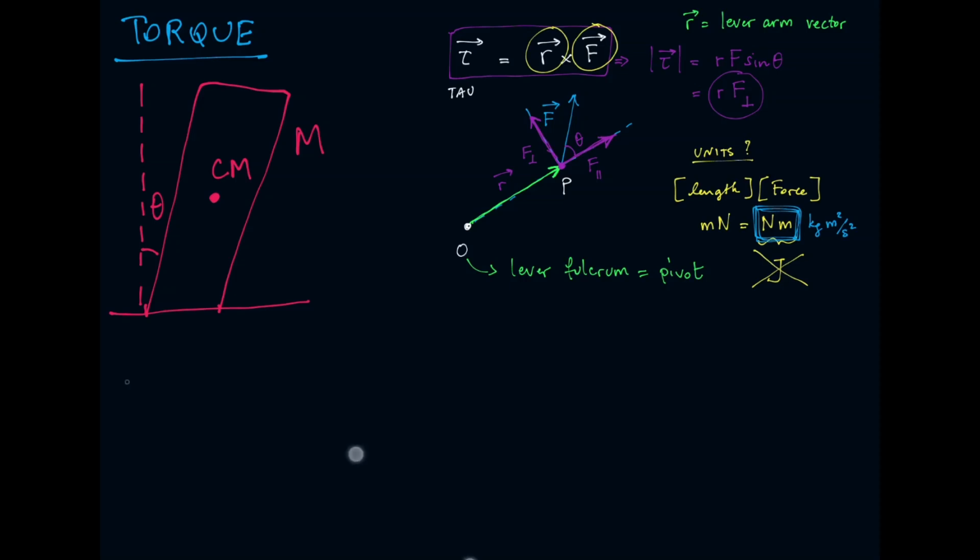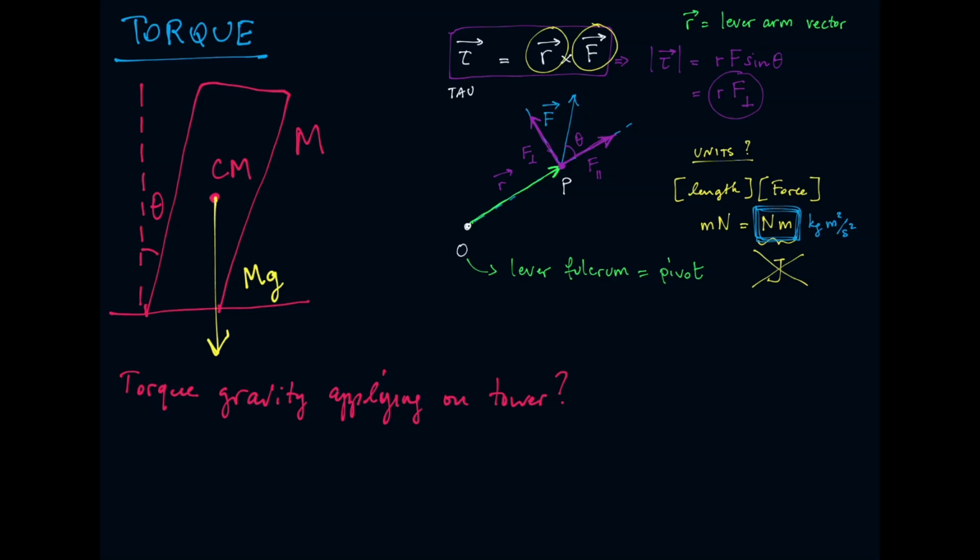And we can ask, what is the torque that gravity is applying on the tower? Now, there's already a problem in this question, which is, in order to calculate a torque, you need a force, and that we do have, because the force of gravity is pointing down and it's mg.